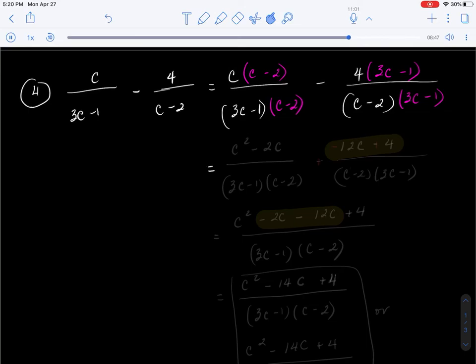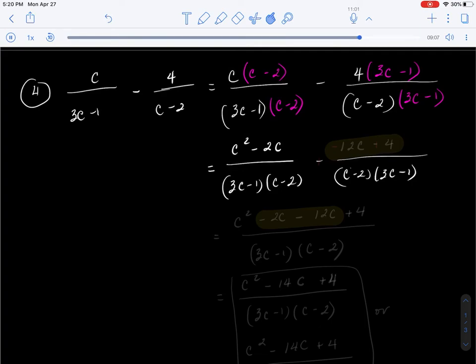On the top here I have c squared minus 2c. On the bottom I just rewrite the whole thing: c minus 2 times 3c minus 1.